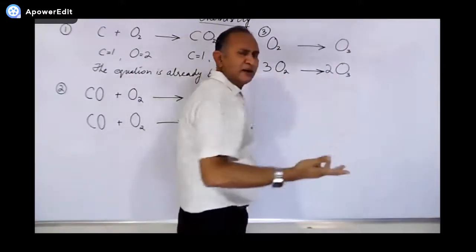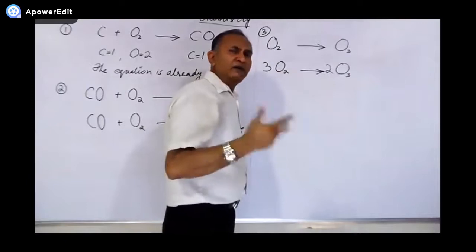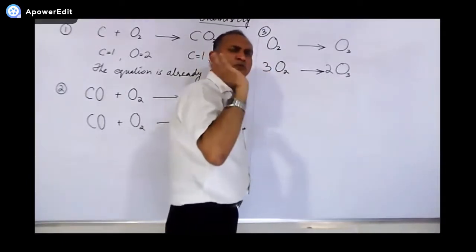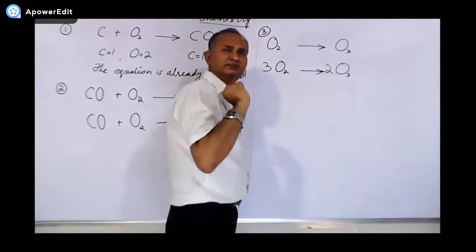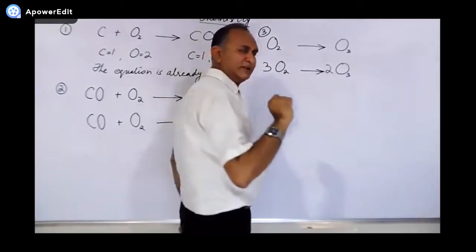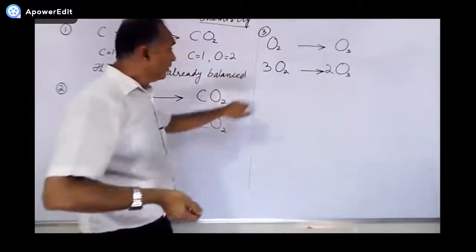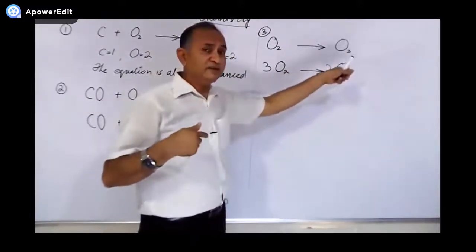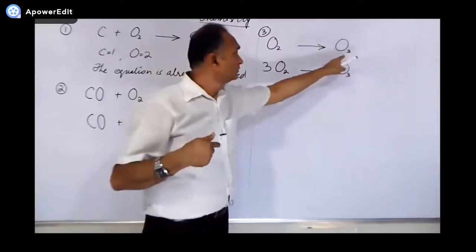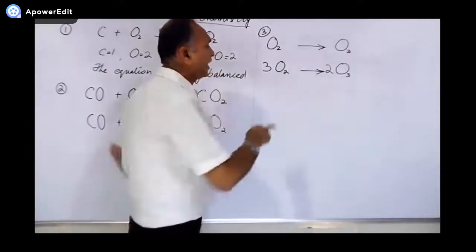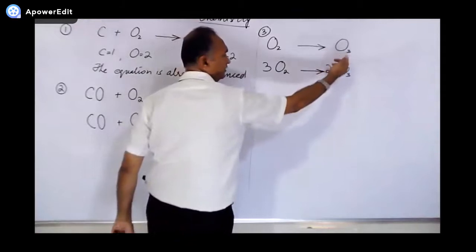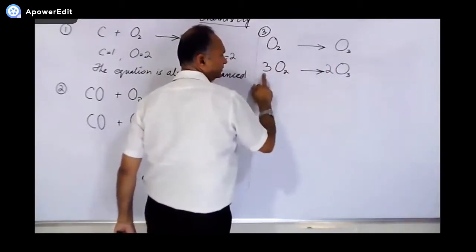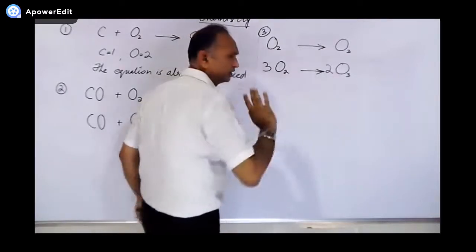There is another way. In that way, without seeing, in the first step, multiply by 2 and then balance it. So I repeat, consecutive numbers, you have to multiply their coefficients. 3 would come over here, 2 would come over here. Now 3 2s are 6 oxygen, 2 3s are 6 oxygen.